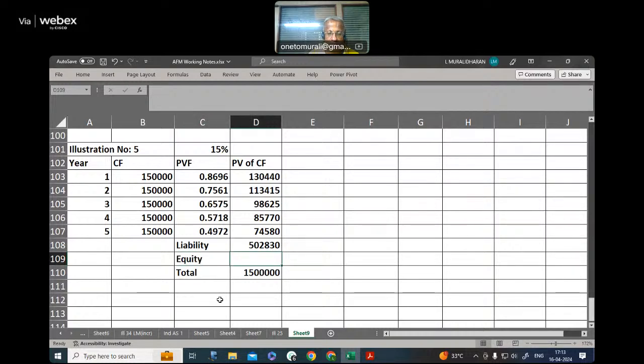So equity component. So when you have the debt component and the equity component, the amounts are these, and the total of that being this. Transaction cost is 30,000. How much is this?